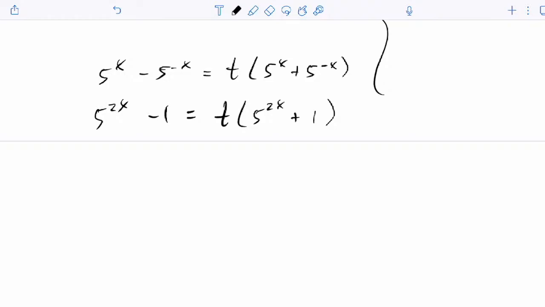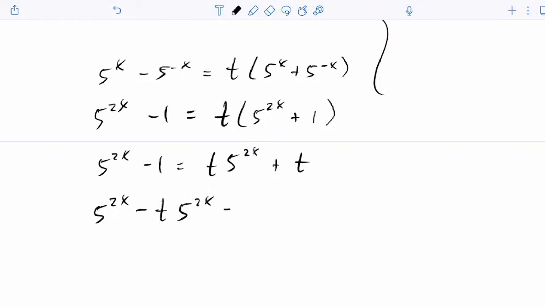So again, I'm in a situation where I have to solve for x. So I have to bring all the x's to one side. So if I distribute that t, and then I bring the x's to one side, it's going to look like this.